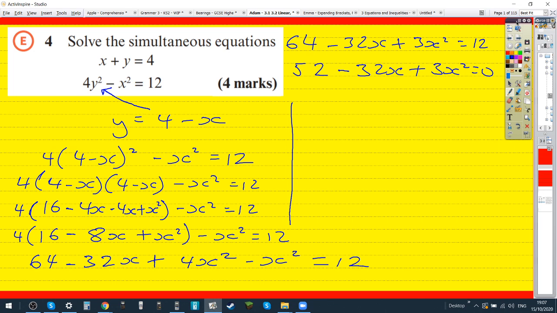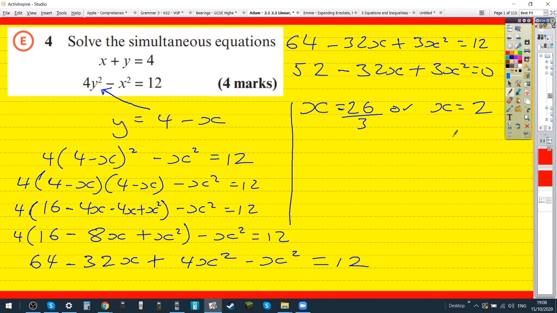So it'd be 3x squared minus 32x, and then add 52. Which gives you x1, which is 26 over 3. X2 equals 2.